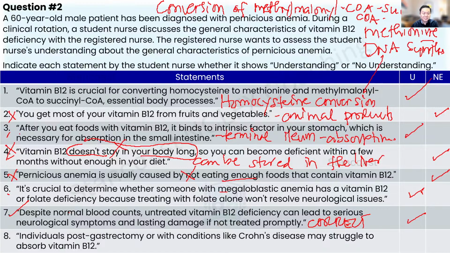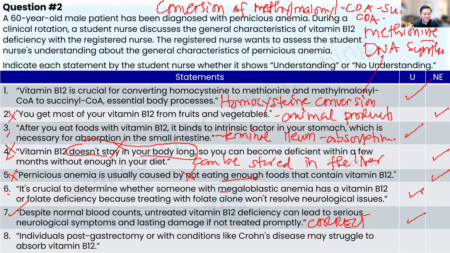And these symptoms are peripheral neuropathy, cognitive impairment like memory loss, especially in the older population. And they may also suffer some psychiatric disturbances, which can occur before any changes in the blood counts are observed. Again, take note of the neuro manifestations. They can occur before the blood counts are even detected.